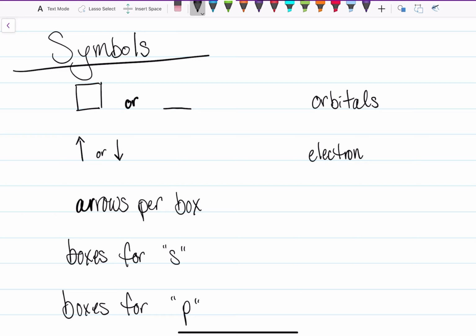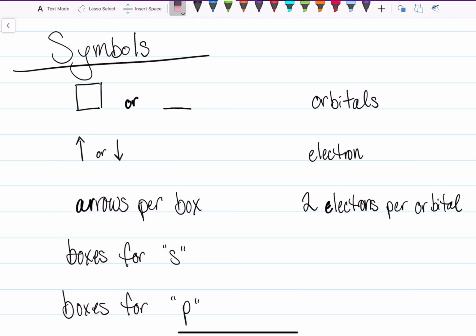You'll notice that only 2 arrows or electrons can fit in each box or orbital. So you can have 2 arrows per box, which is really saying 2 electrons per orbital.